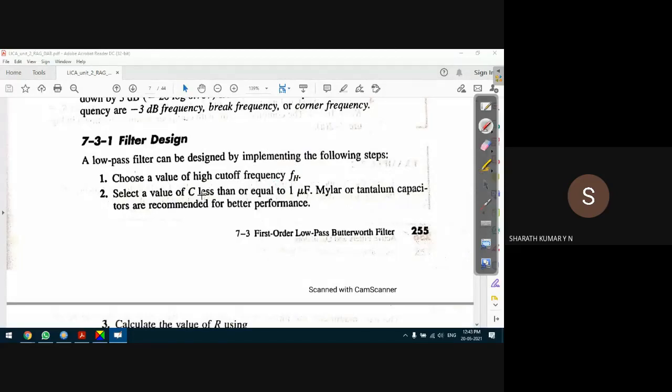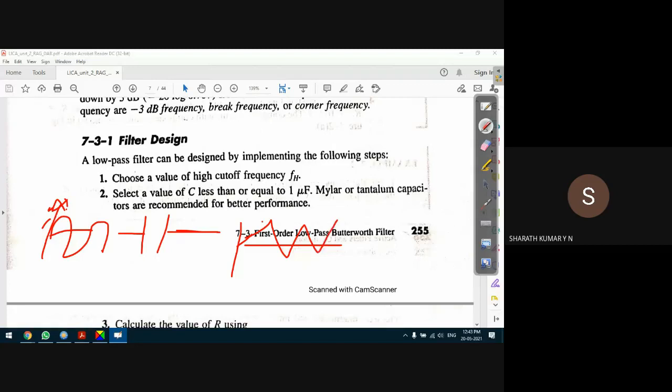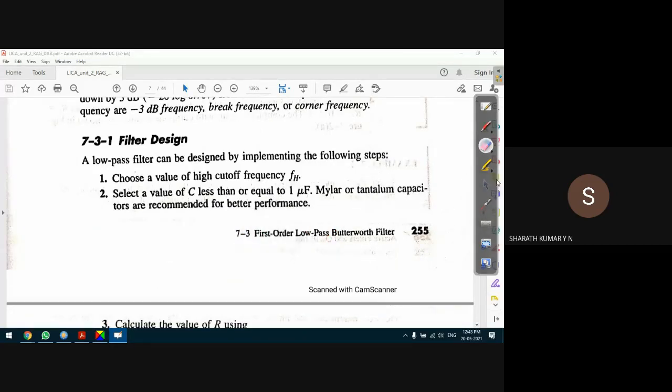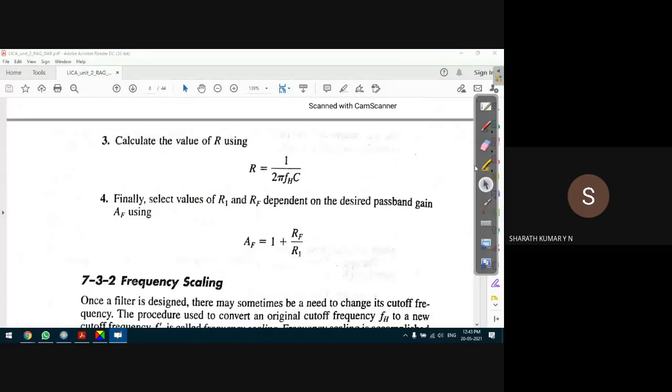As I told in one of the earlier classes, when we apply a sinusoidal signal at the input, this capacitor, though it acts as an AC short, will distort the AC signal because of the nature of the capacitance. So we have to select high performance capacitors.